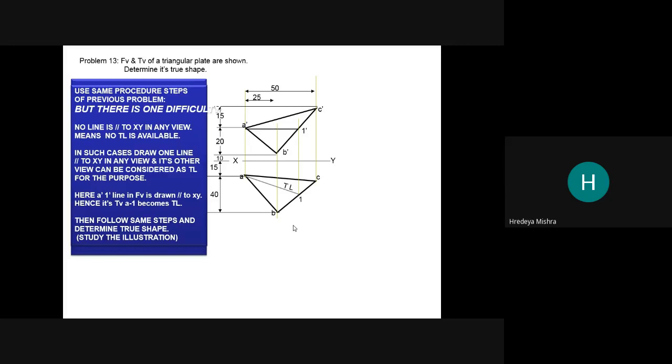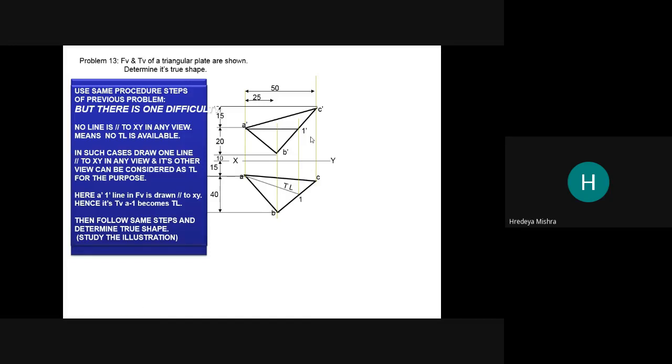Top view and front view is given here. So from this top view, we have to find out the true shape of the triangle. Now, what you can say, the projection is given here.